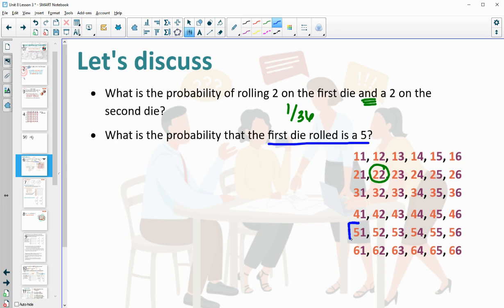So the first die being a 5 is this whole row right here. So we see that there are 6 times that happens out of 36 total possibilities, which simplifies to a 1 out of 6 chance. So either of those are considered the probability of rolling a 5 on the first.